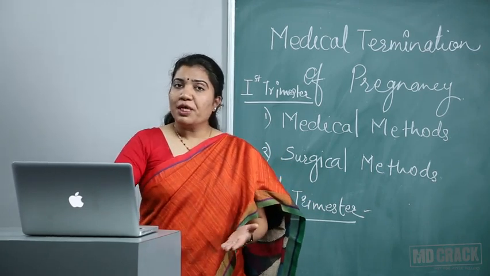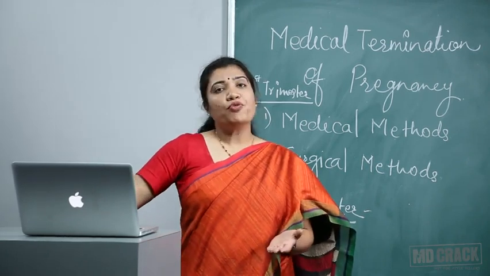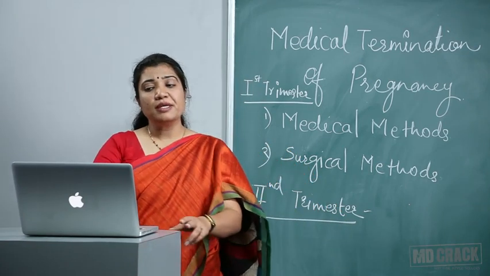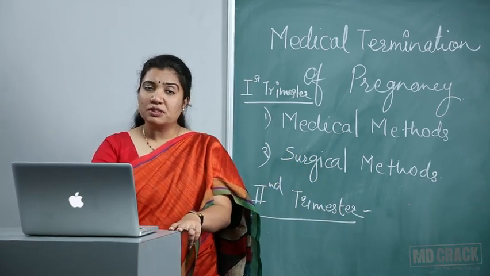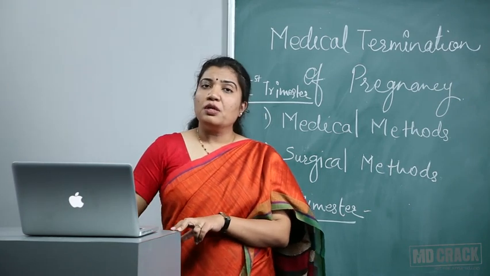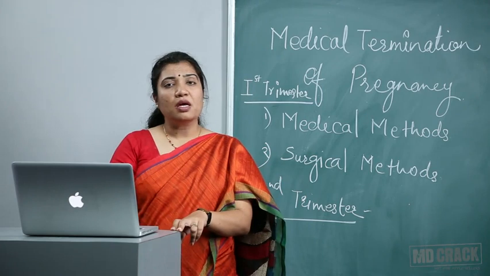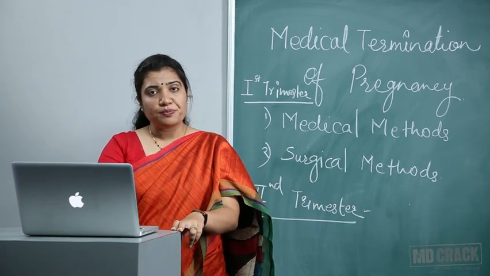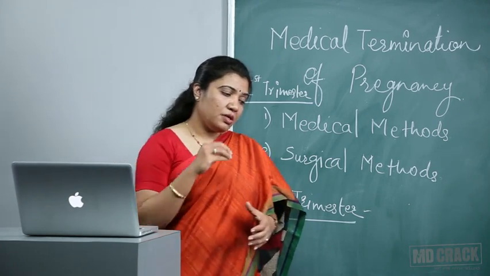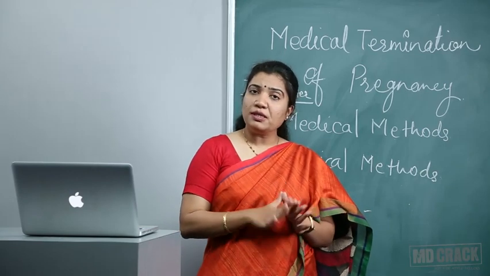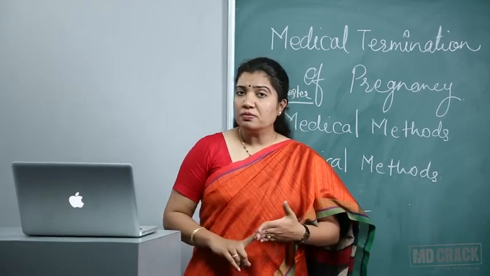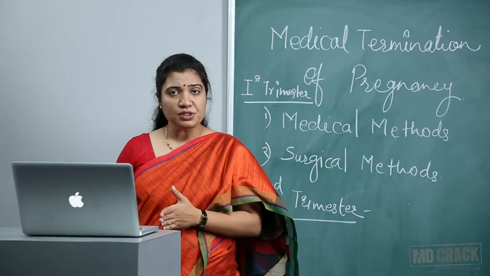The commonest complication of the medical method of medical termination of pregnancy is incomplete abortion. This is again a commonly asked MCQ: what is the commonest complication of medical MTP, and the answer is incomplete abortion. Suppose with the drugs the patient aborts incompletely, she will have bleeding, either profuse or persistent.